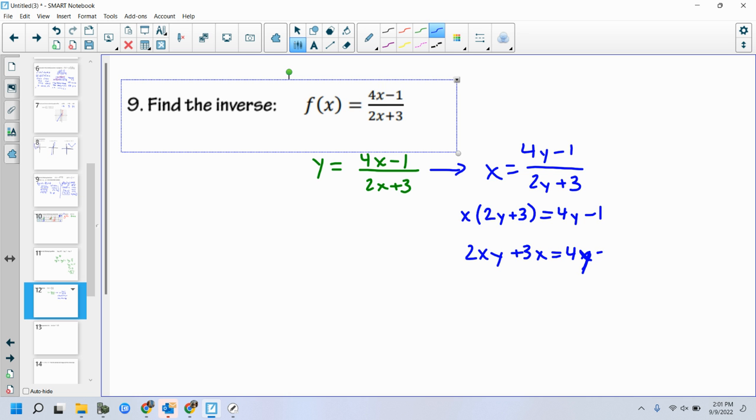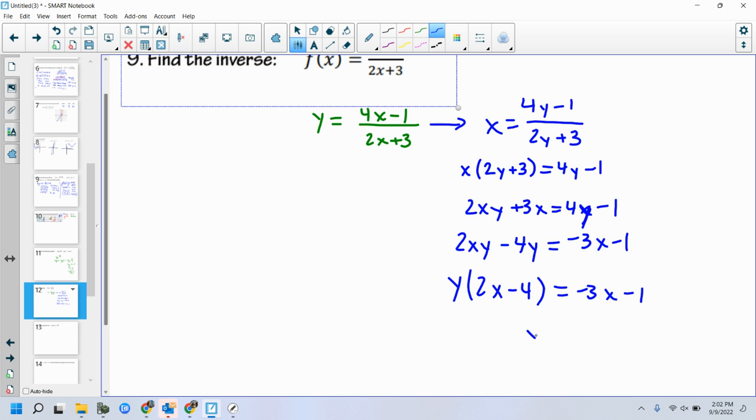That's a 4y. And then I jump all the y's to the left side. Subtract the 4y to the left. And then I have to get that 3x over to the right side. And now I factor out the y. And then divide by 2x minus 4.